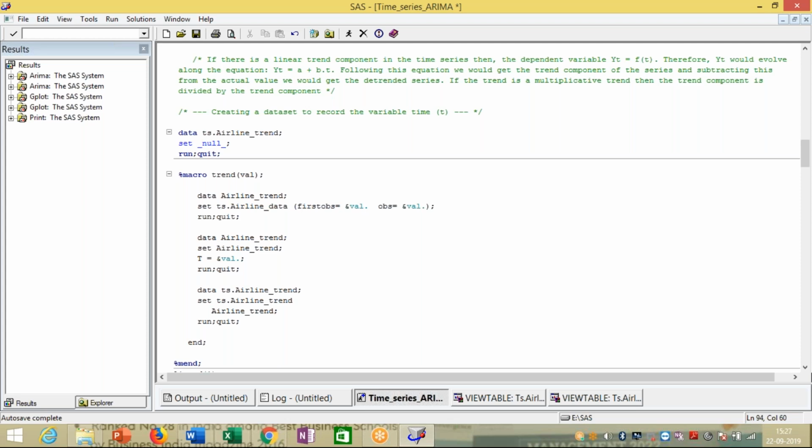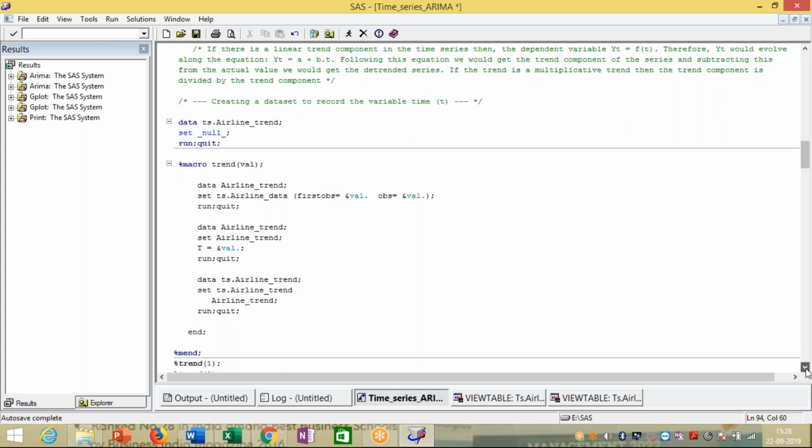So I have this data, the airline trend, where I am keeping one observation as the value, so that I fetch out that one single observation from the data, and I assign a new variable t with the value of that iteration.